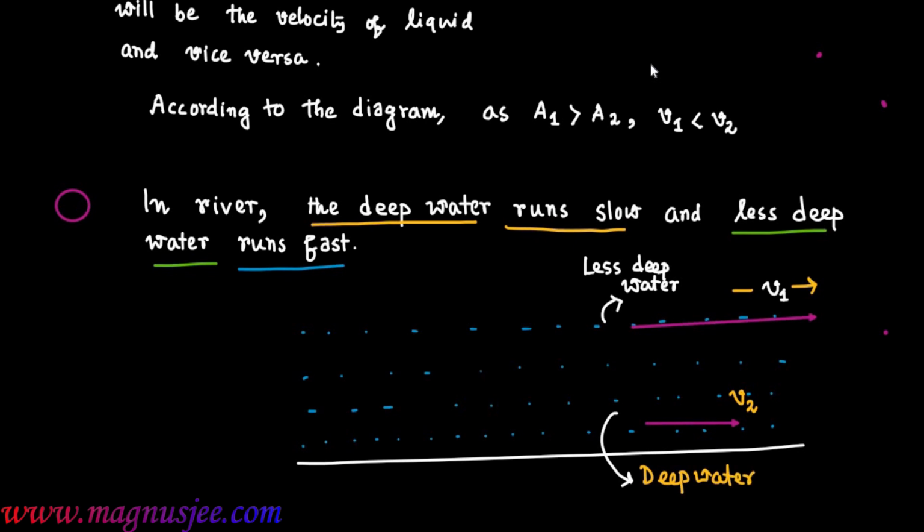This is a layer of deep water. In this case, V1 is greater than V2. That means less deep water flows fast, and deep water flows slow.